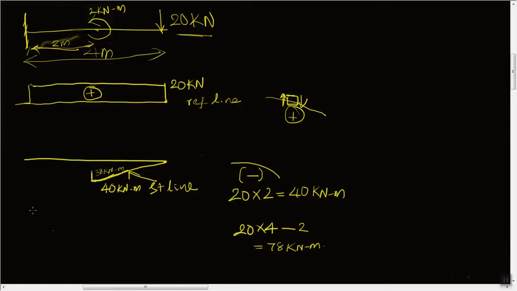So 78 is the bending moment at this location. So we are just drawing a straight line and we are joining these two by another straight line. This everything is a negative bending moment since it is hogging. Okay, this completes the shear force and the bending moment diagram for this.